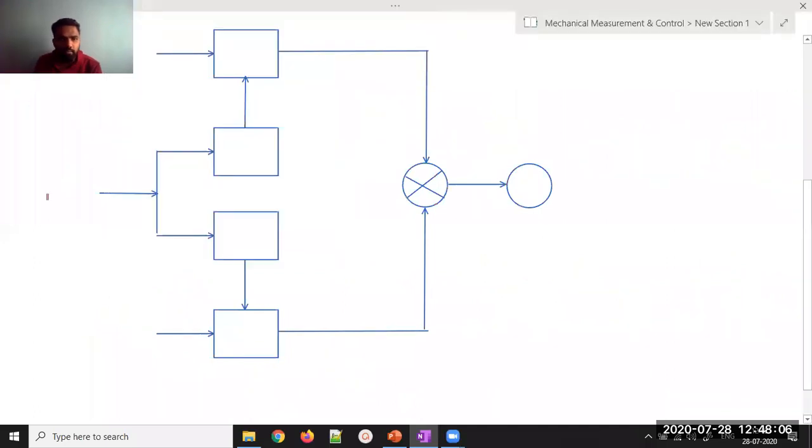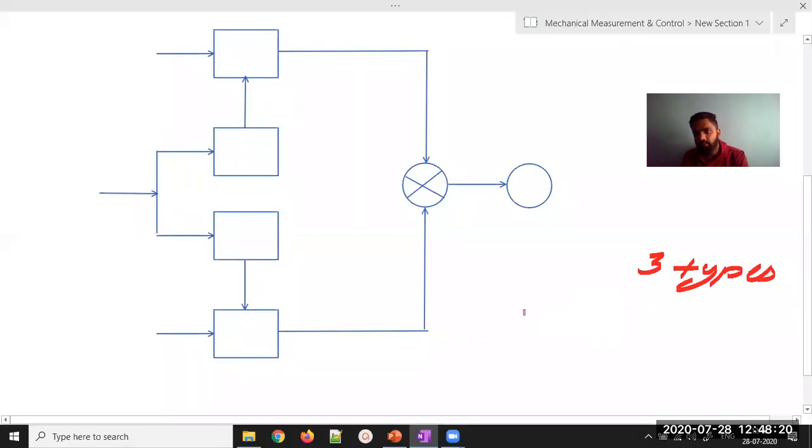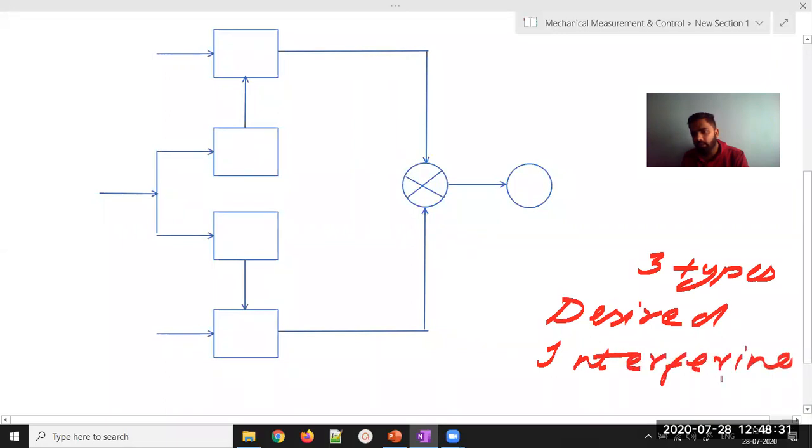Now, this is my input. We know there are three types of input. I hope everyone knows. What are my three types of input? One is desired, another is interfering, and another is modifying.